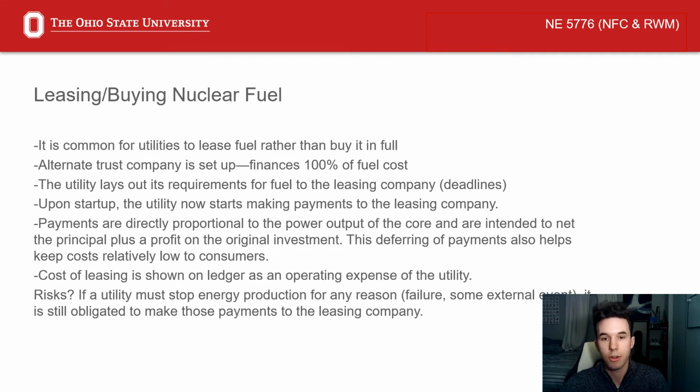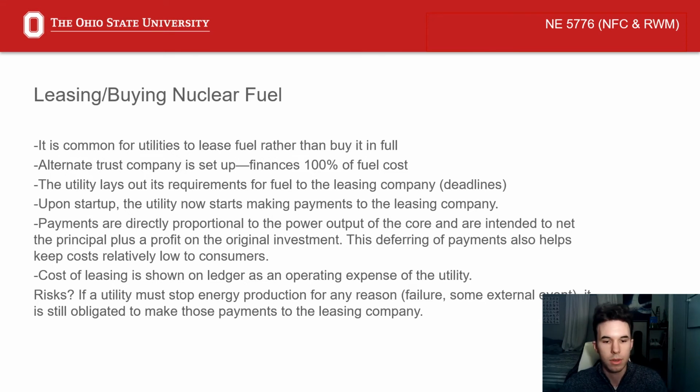This finances 100% of the fuel cost to that utility. The utility will lay out its requirements for the fuel to the leasing company. They say we need this fuel at this particular time because we're set to go online then. The fuel needs to have these characteristics, and there are plenty of deadlines and requirements that the utility will make to the leasing company.